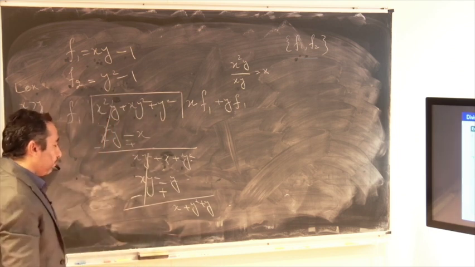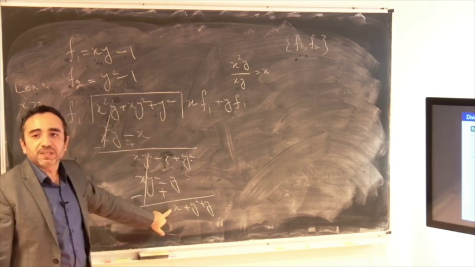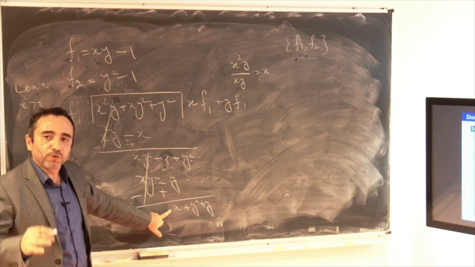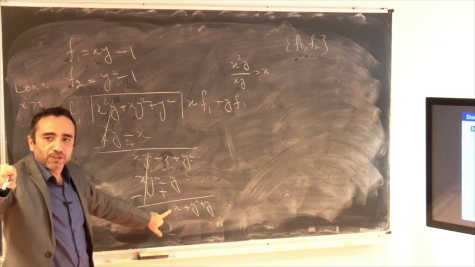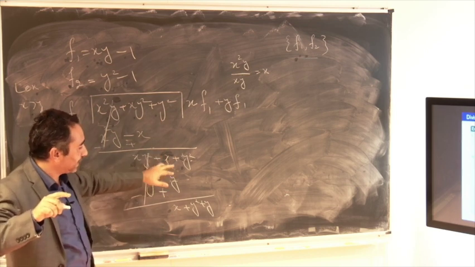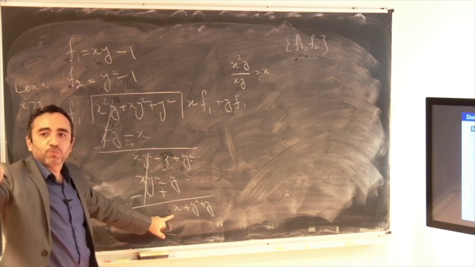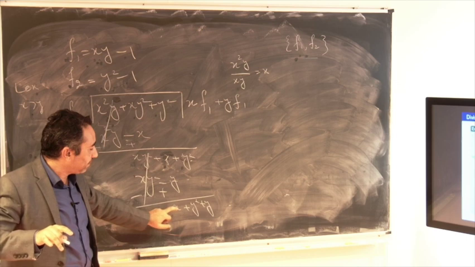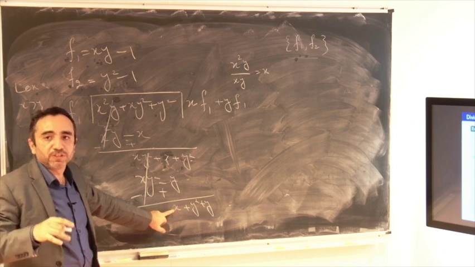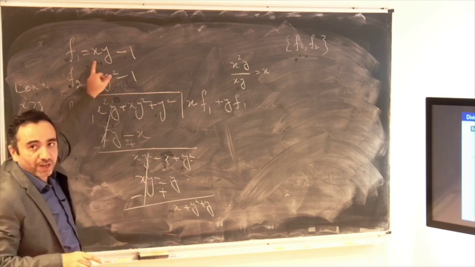Okay, now the leading term is x. In the first step we got this, in the second step we got this, and now we are going to the third step. In the third step we have to check whether the leading term is divisible by any of the leading terms of f1 and f2.